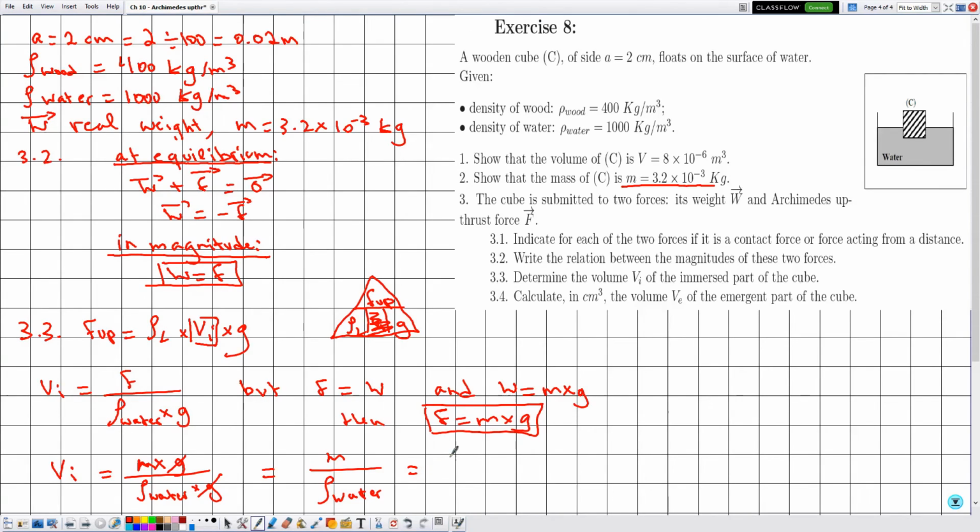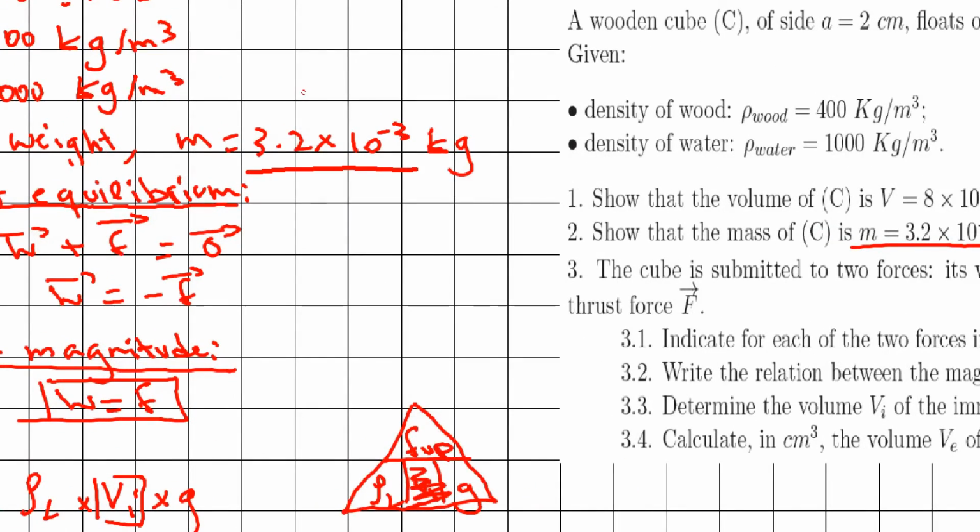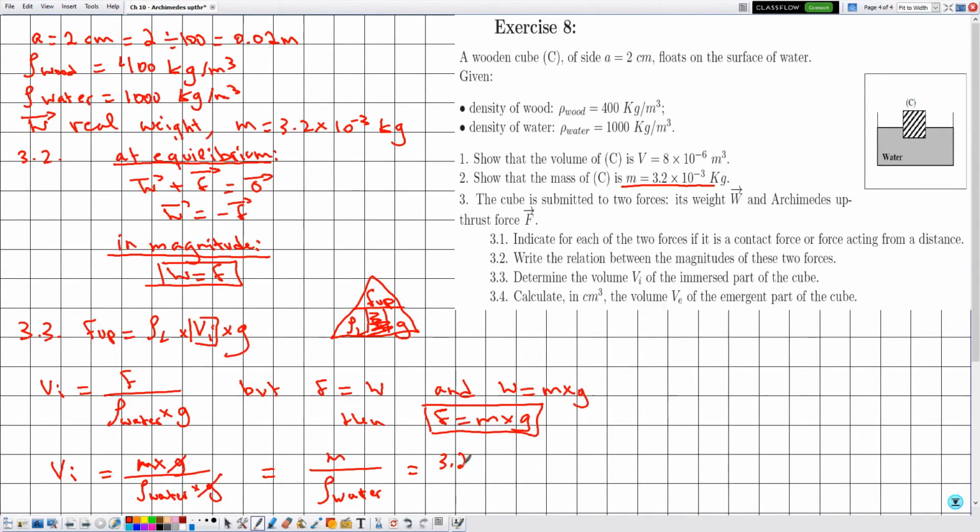Now the value of m is given by 3.2 times 10 to the power minus 3, and the value of the density of the liquid is given by 1000. So plugging this fraction on the calculator, it's given by 3.2 times 10 to the power minus 6.